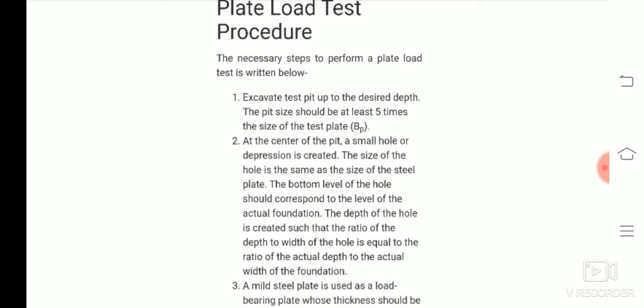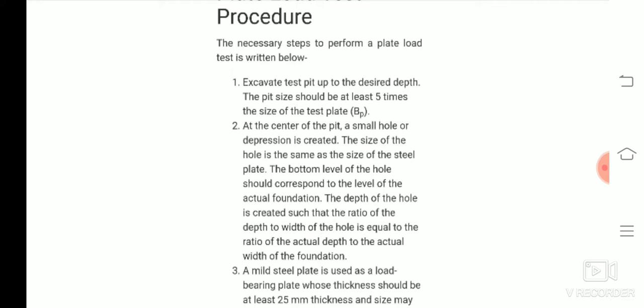So we have to excavate the test pit up to the desired depth. Then the size of the pit should be at least 5 times the size of the plate. At the center of the pit, a small hole or depression will be created. The size of the hole will be similar to the size of the plate.